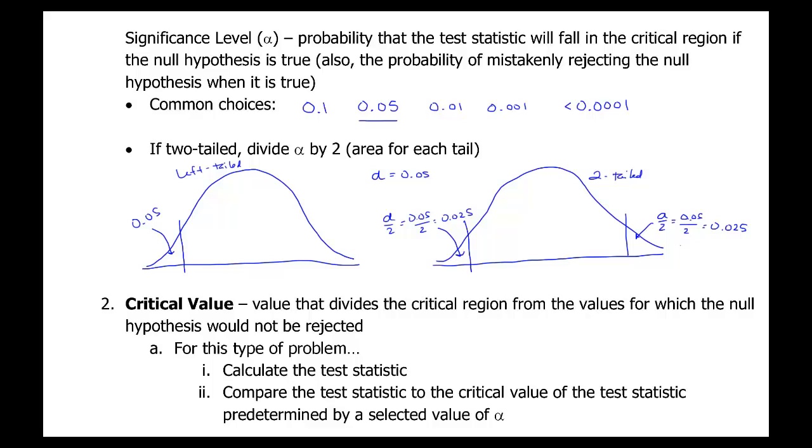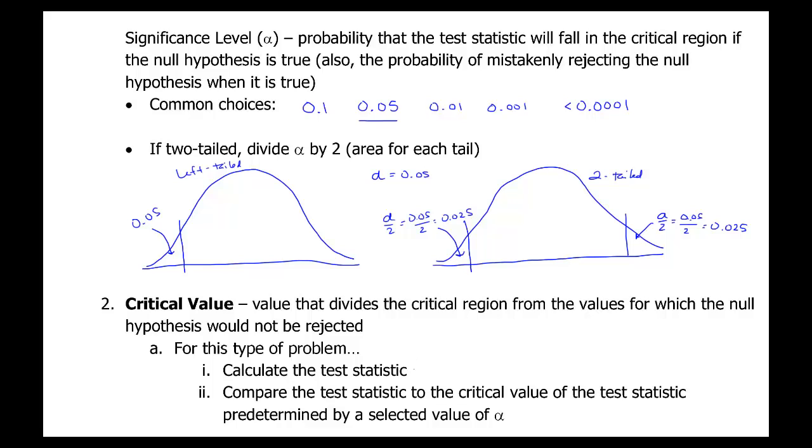Alright, the next type of way to solve these problems is called the critical value method. And the critical value, instead of looking at the probability for something, we're just going to be comparing z-scores, or, when we get to it, t.